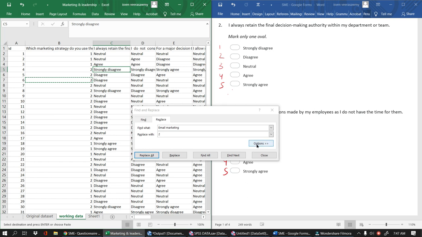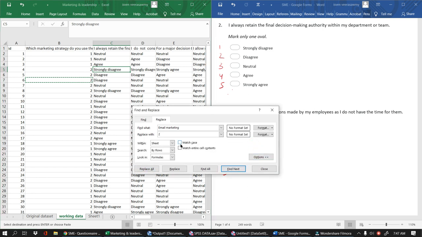So it is important to click on this button over here, options. You just click on this, check this box and this box. So this will solve the problem. So Excel will just search for the exact word and will replace the word by the number that you have assigned. So you can do it in an orderly manner.